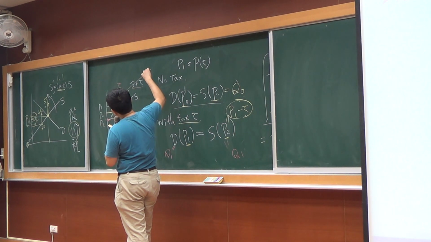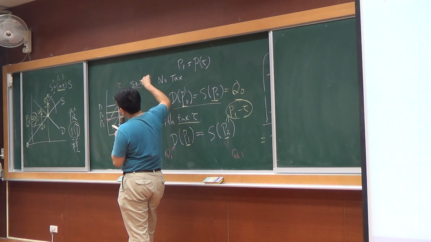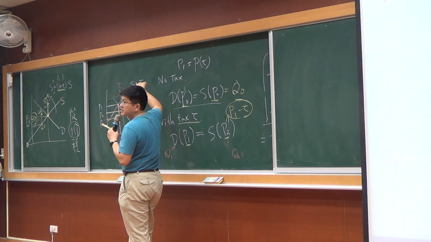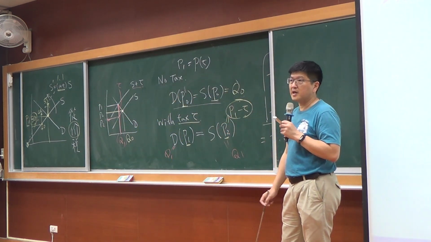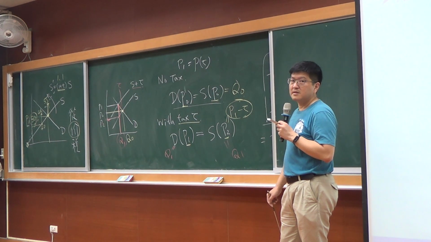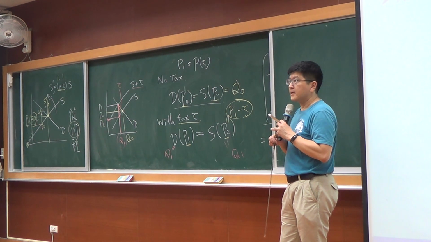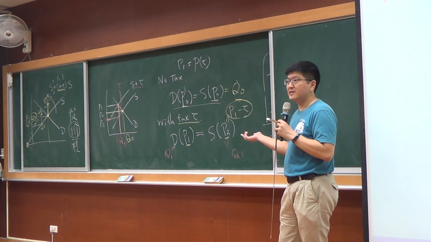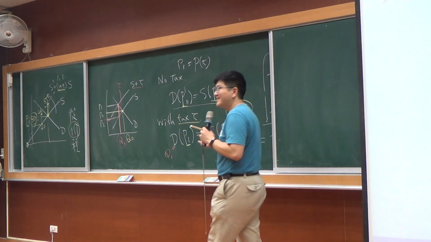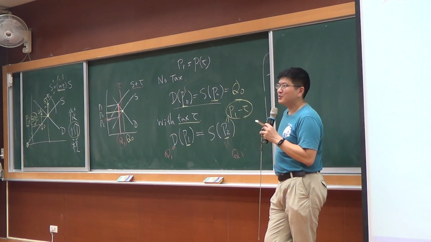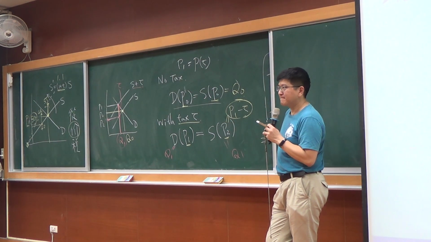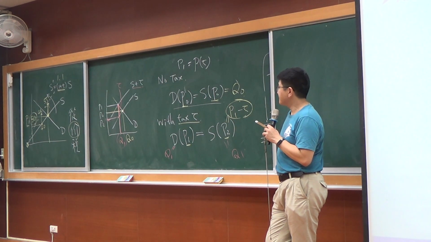So the intersection point corresponds to a higher P1, right? Is that clear? So P1 is actually a function of tau. So do you buy the logic? Do you accept the logic? Okay?